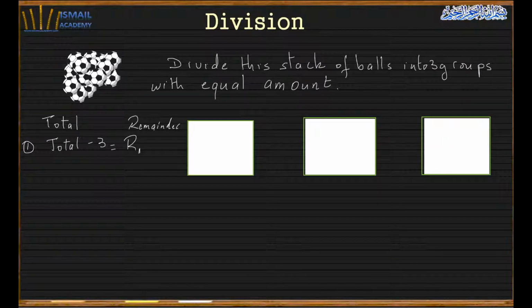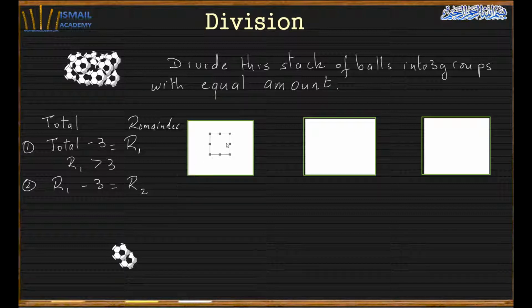Then I check, is my first remainder greater than 3? Yes, obviously it's greater than 3. So I do my second action, which is I reduce that remainder again by 3. I will end up having a second remainder. I take 3 balls from here, I reduce my remainder by 3, and I put each ball into the box.